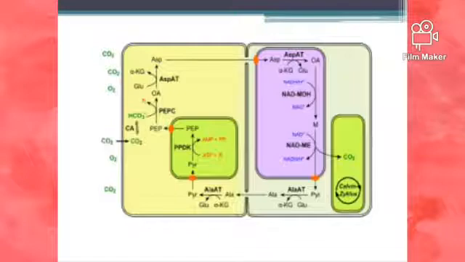In this picture you can see the anatomy of a maize leaf. Here also in this diagram we can see the Kranz anatomy clearly.